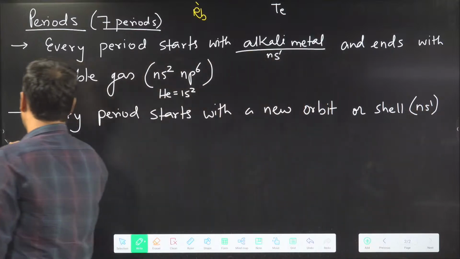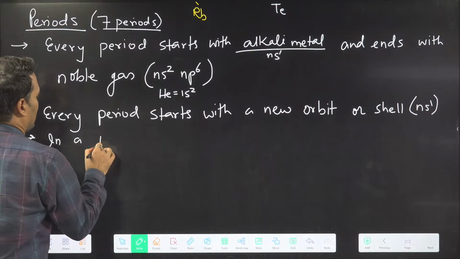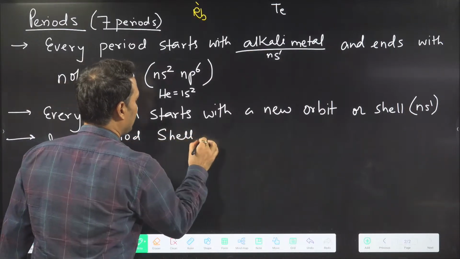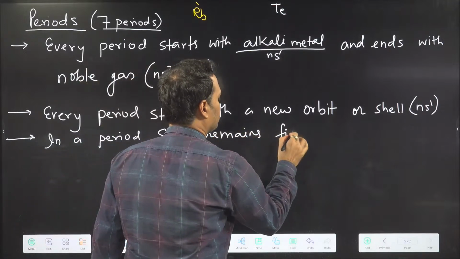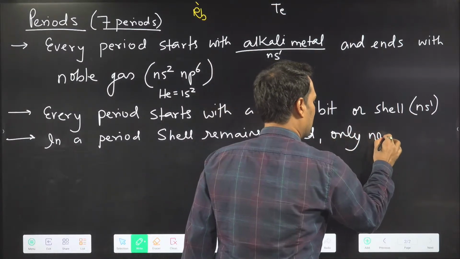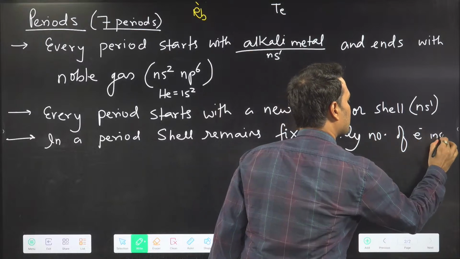Clear? And in a period, the shell remains fixed. Only the number of electrons increases.